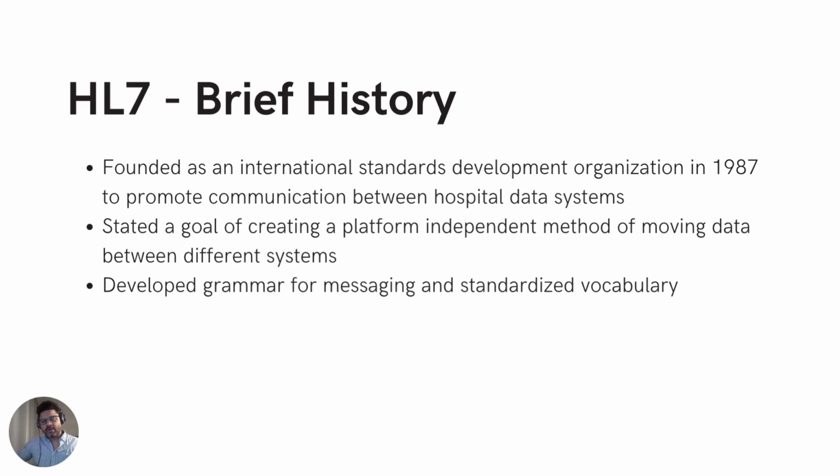We are going to talk about more details in the upcoming slides, but this is where it started. The goal was creating a platform which was vendor agnostic and which would provide standard guidance and a method of moving data between different systems in healthcare.